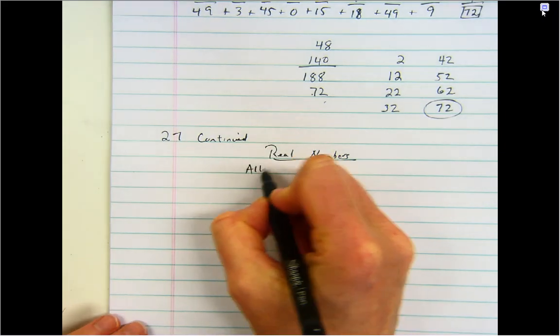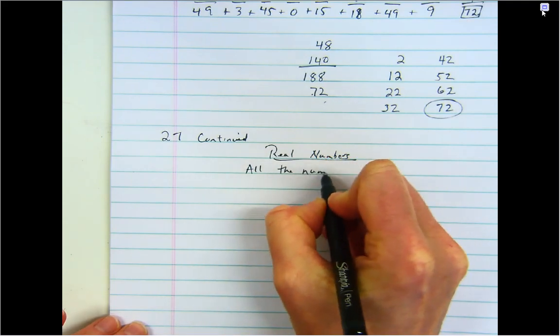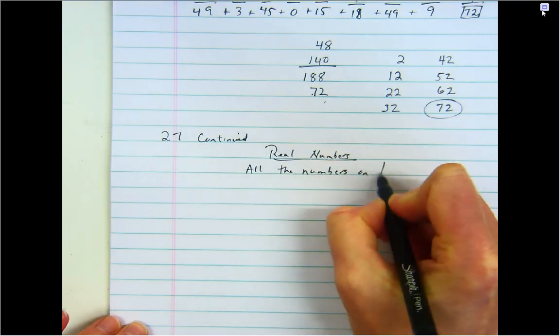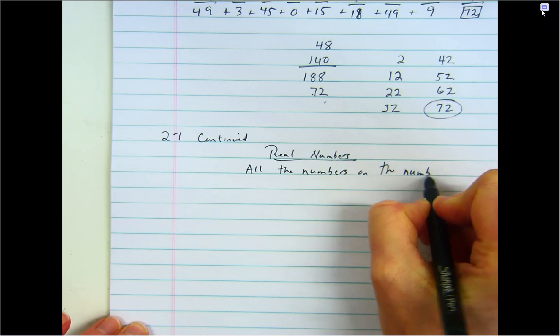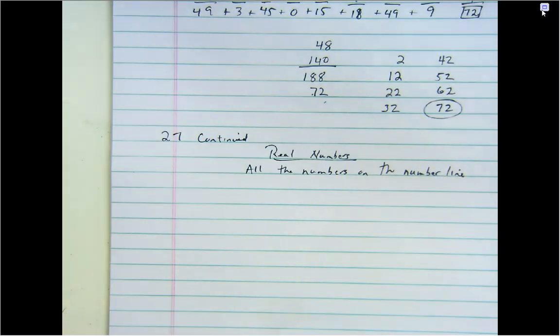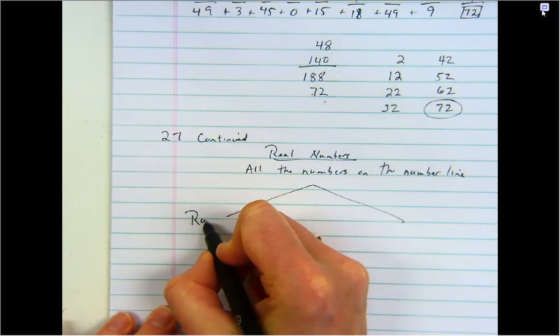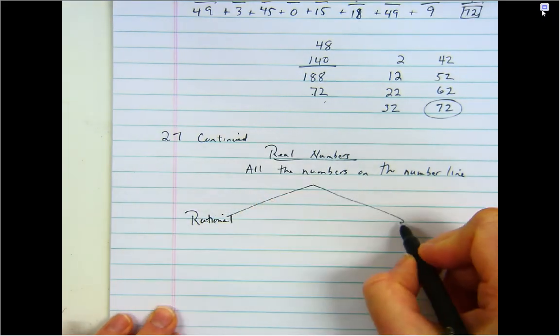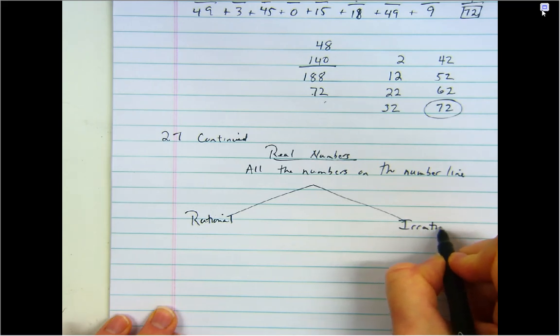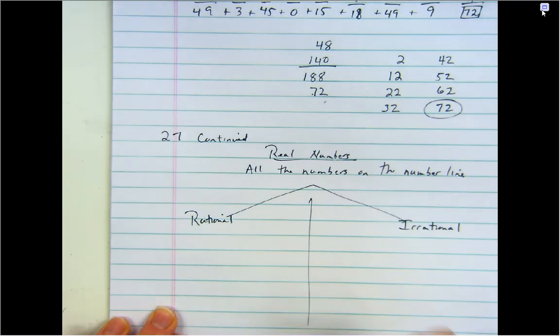Good. All the numbers on the number line. So we have all the numbers on the number line, and those real numbers can be split up in a couple different ways. We're going to split them up into rational and irrational today. So all the real numbers can fit into one of these two categories.